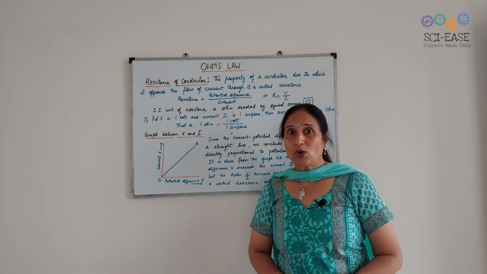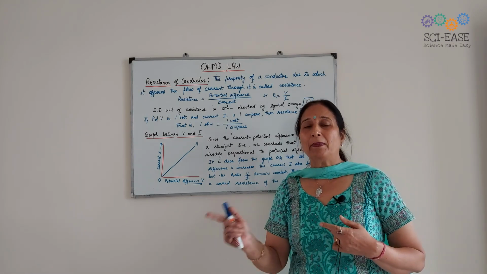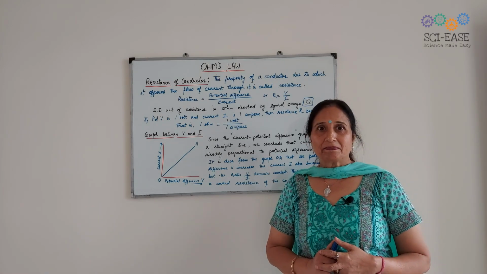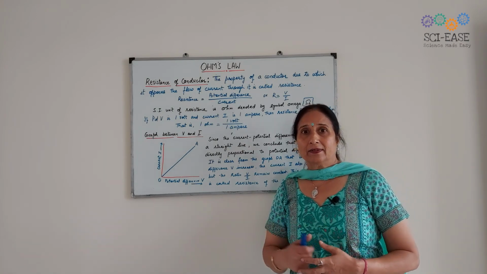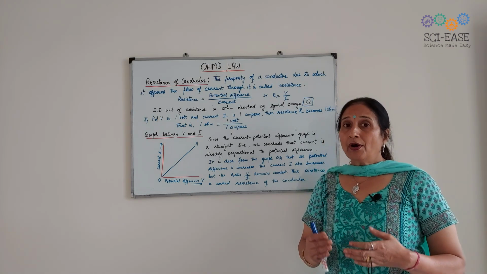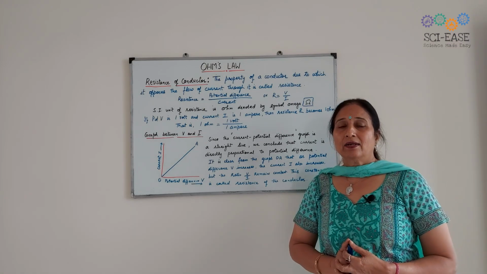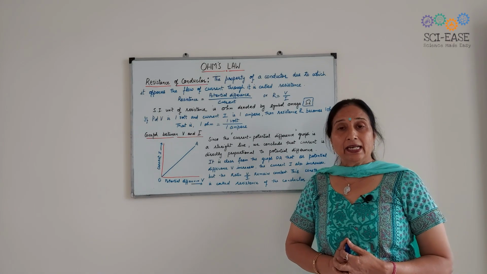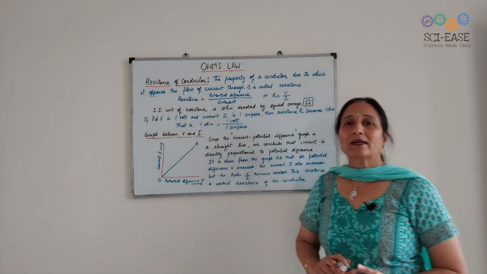So when electrons flow from one part of the conductor to the other part, they collide with each other or with the atoms or ions present in the body of the conductor. There is some obstruction, or you can say an opposite force, that acts on the movement of the electrons or the flow of the electric current. So what is that? That is the resistance of the conductor.